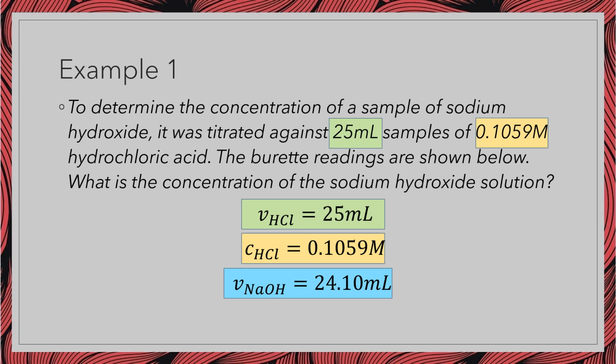We know the volume of NaOH from our previous calculations, from our titers, 24.10 mils. And it's asked us to calculate the concentration of the sodium hydroxide. So our C NaOH is our question mark. It's going to come out in moles per liter.